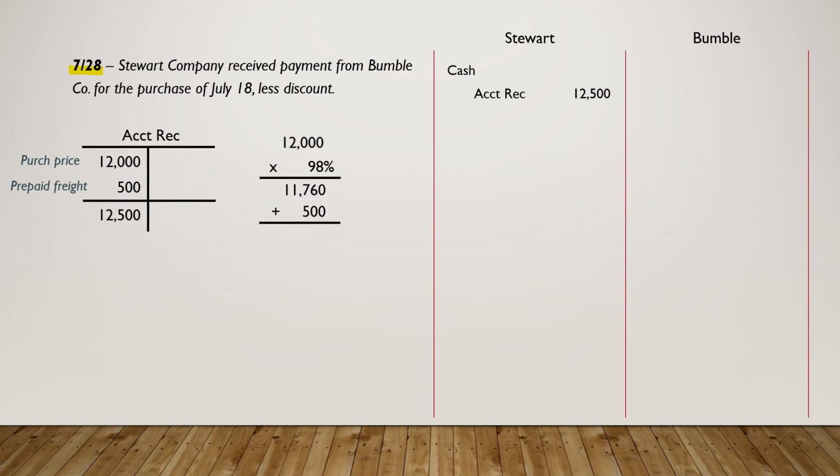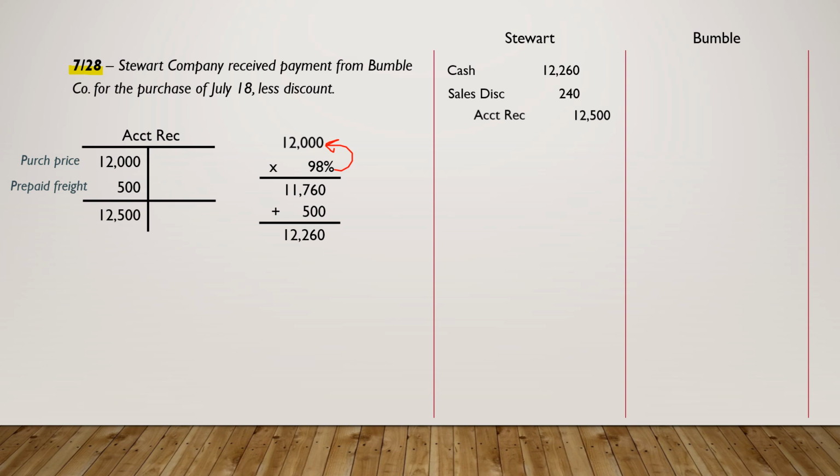Then add the cost of shipping collected from Bumble, making $12,260 the total cash collected. Again, notice how the discount only applies to the purchase price. That 2% discount of $240 will be debited to sales discounts.